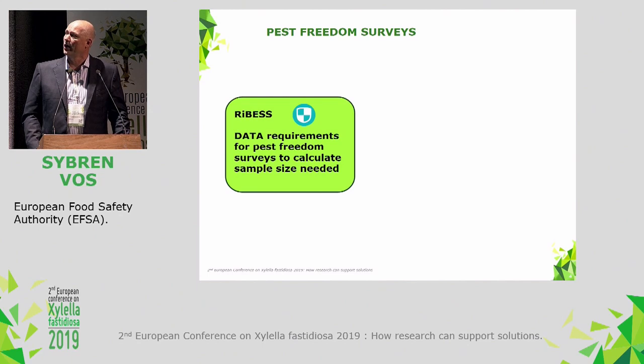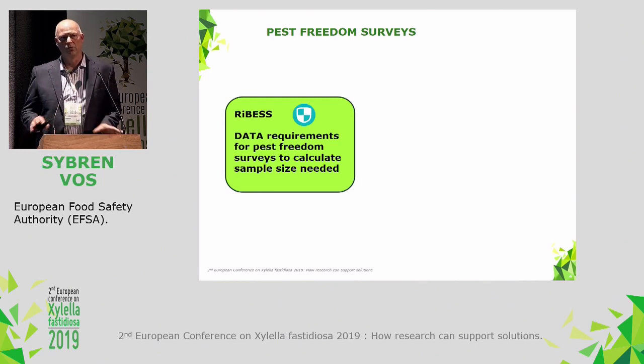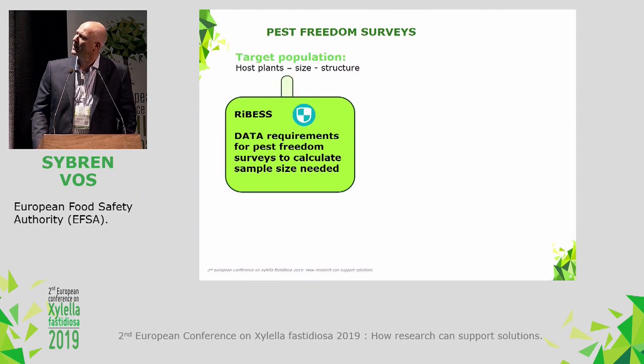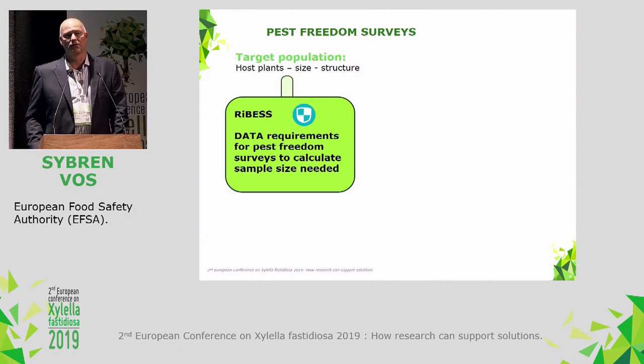there are data requirements for performing pest freedom surveys, and these data requirements are, in fact, the basis of all the toolkit that we are developing. The first element that is important to consider is the target population, and we have had a lot of presentations during this conference about the host and Xylella interactions.